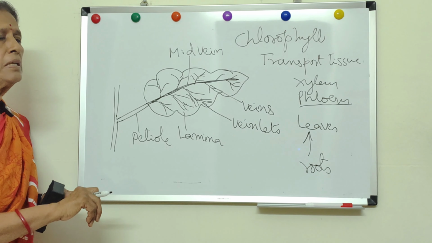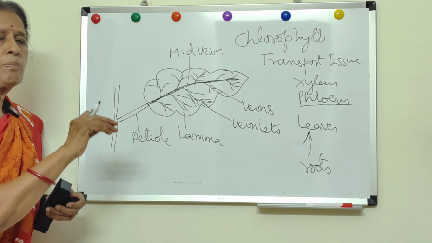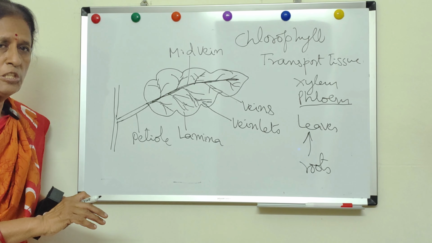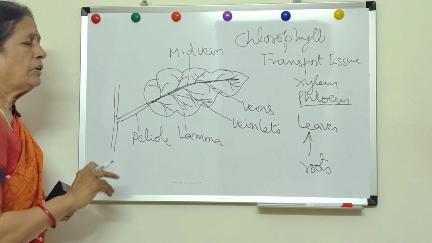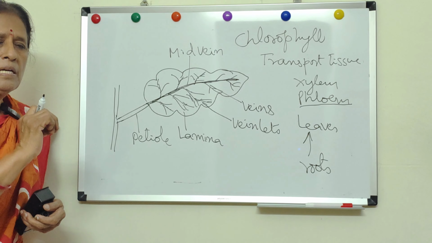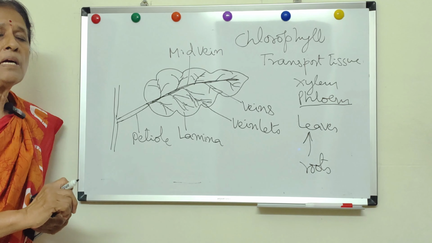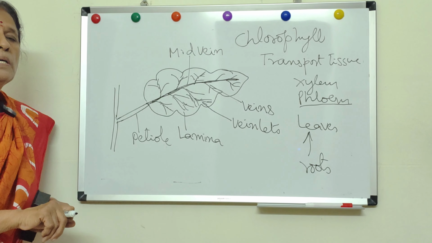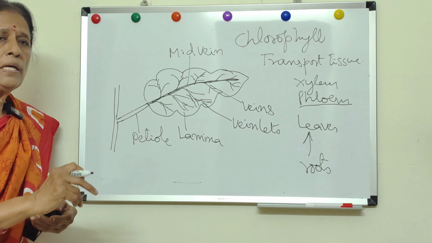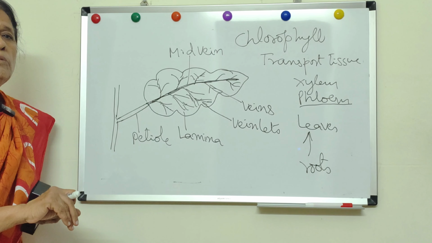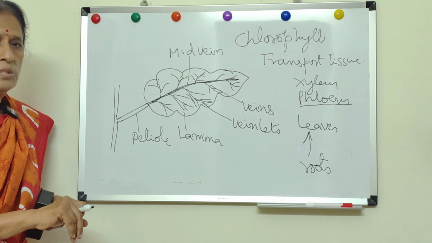In the internal structure of a leaf, we see different parts and the different functions of different tissues. We take a thinly cut leaf and observe it under the microscope, so that we can find the different parts of the leaf, their location, and how they are arranged in a particular way which helps in the process of photosynthesis.